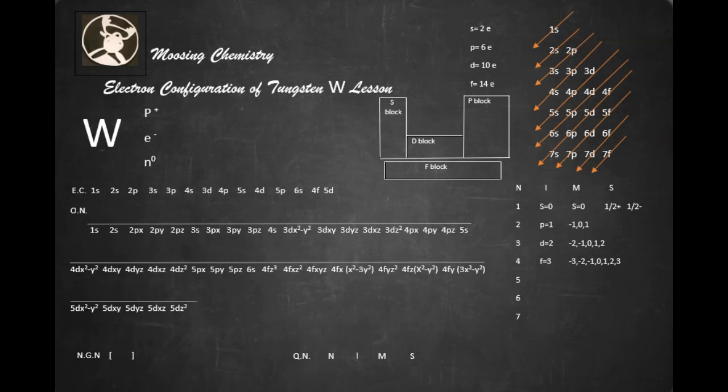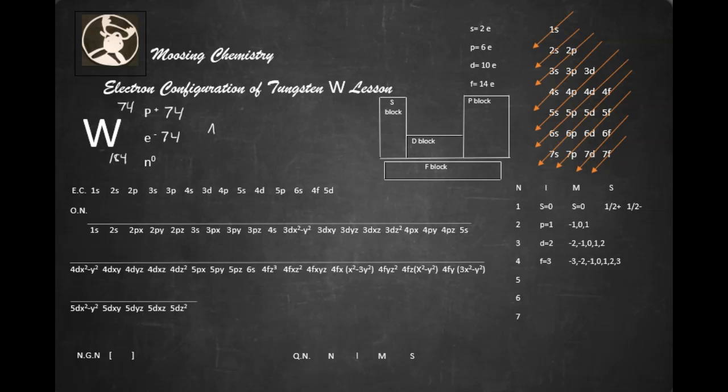Tungsten, or wolfram, as I like to call it, is element number 74 on the periodic table, and its atomic mass is 184 AMU. So it has 74 protons and 74 electrons because it's electrically neutral.